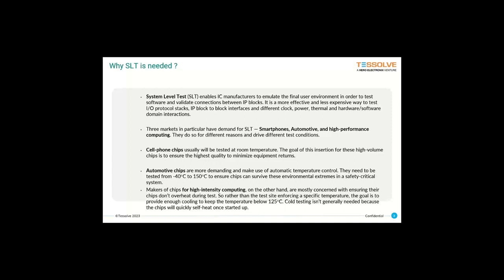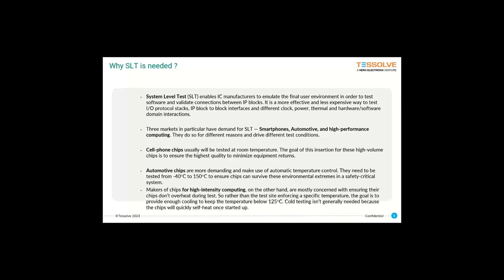Individually, they are tested. Now we are testing all together, giving different types of clock, power, thermal conditions, and all the software stacks working together. That is the environment used mainly to test for quality issues.